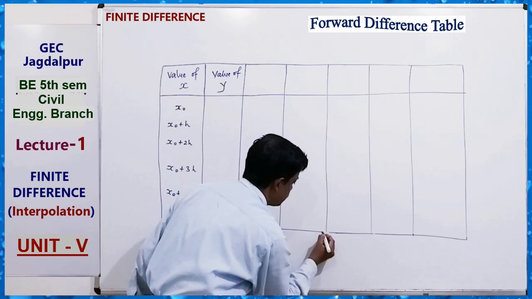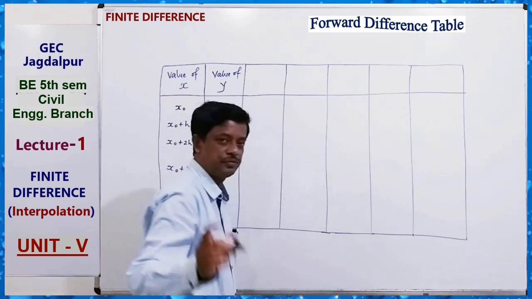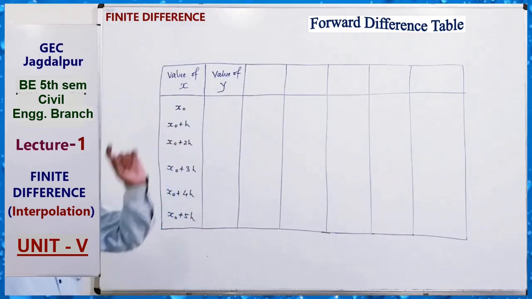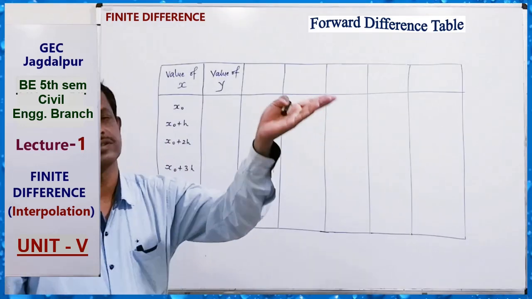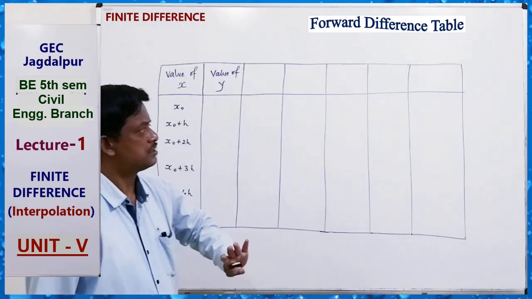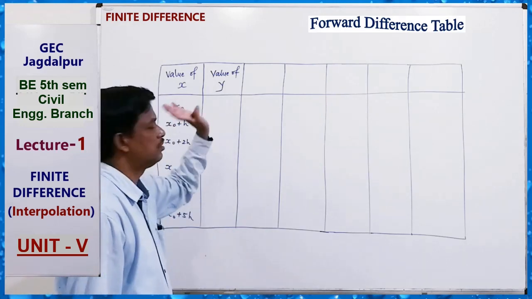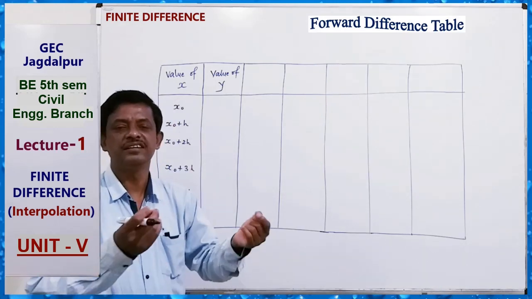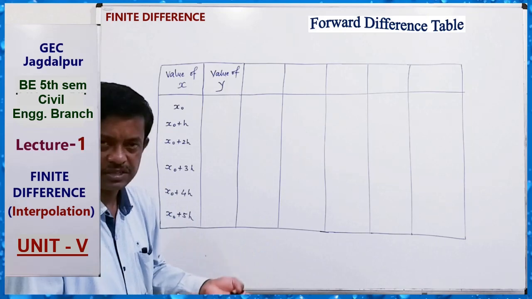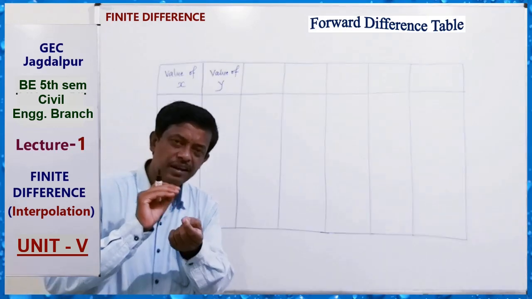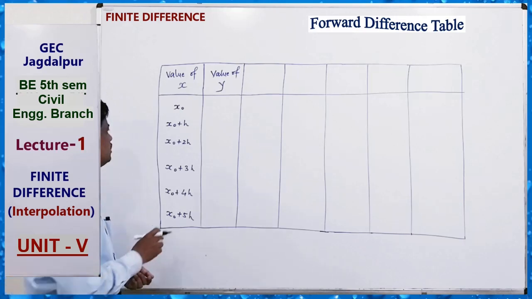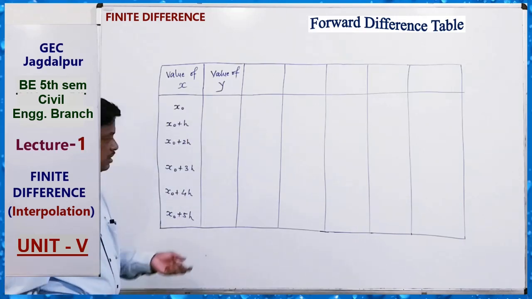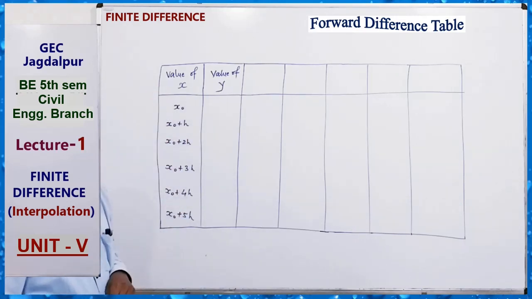Because for solving questions, you always have to prepare the table. For forward, backward, or central difference, you just require the table for finding differences of a function at particular arguments. Suffixes are there, and we can write this type of notation.